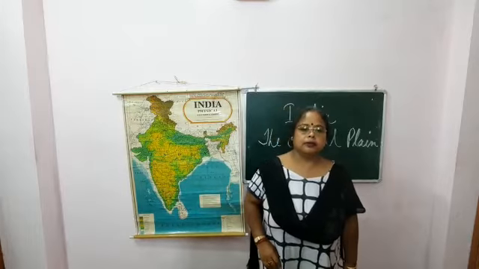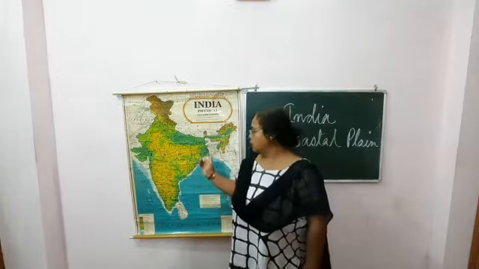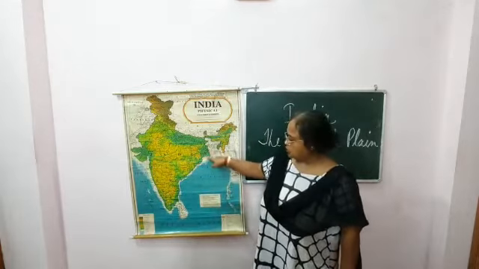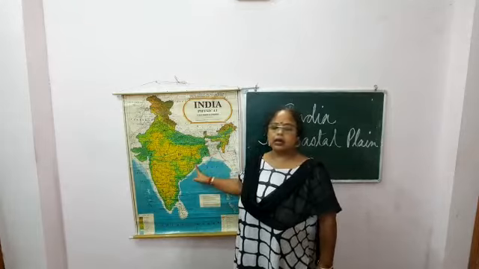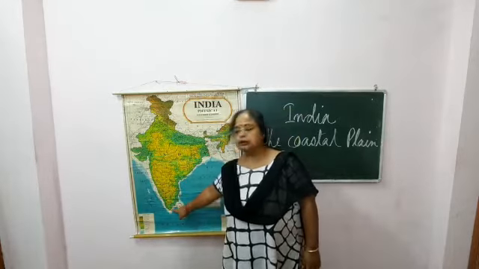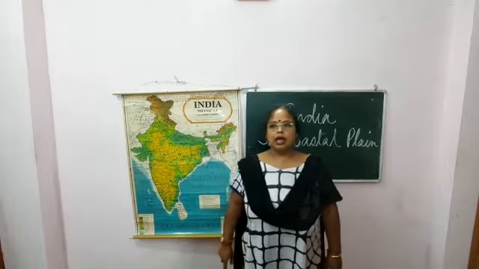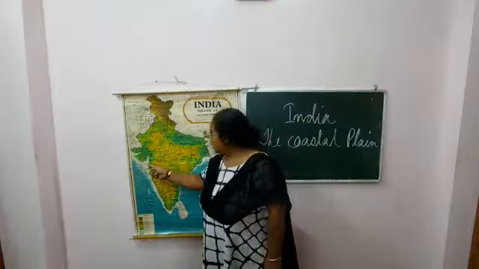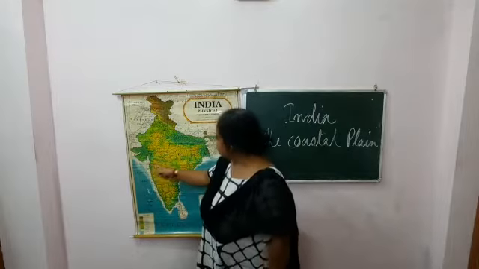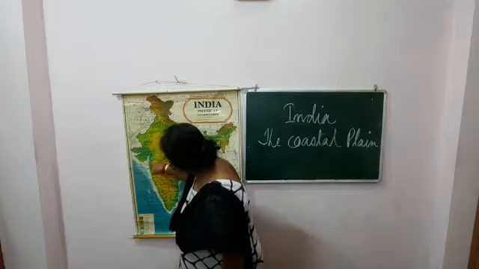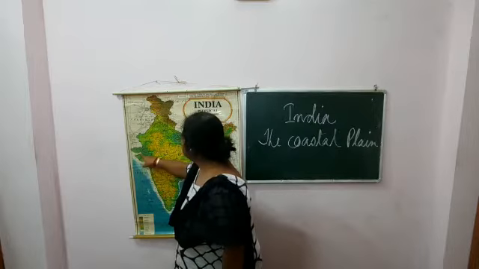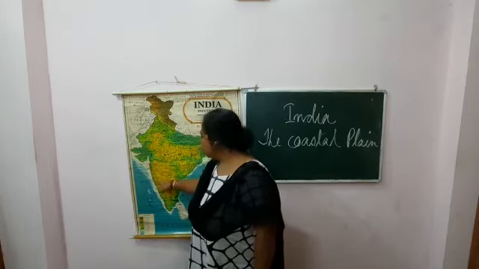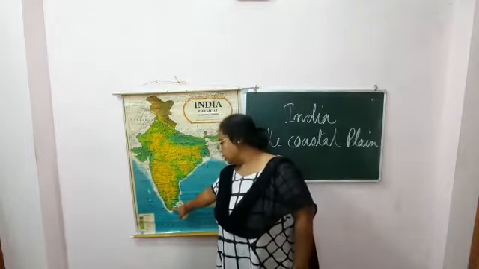It stretches from the Sundarban Delta, this part here, up to Kanyakumari. On the other side, the western coastal plain stretches from the Rann of Kutch, where you can see the Gulf of Khambhat and the Gulf of Kutch, to Kanyakumari.